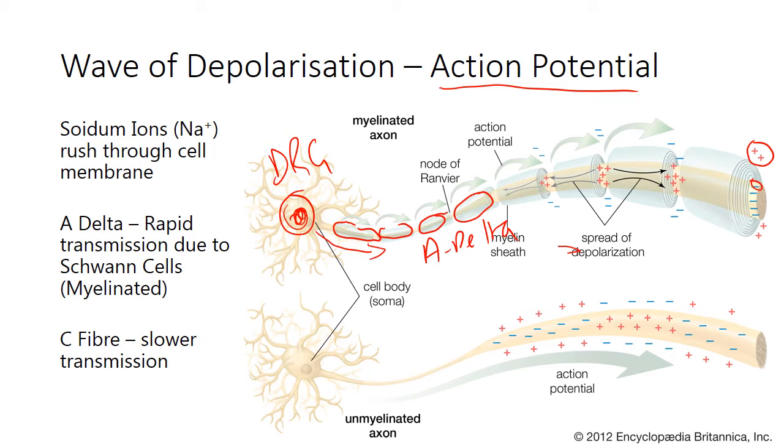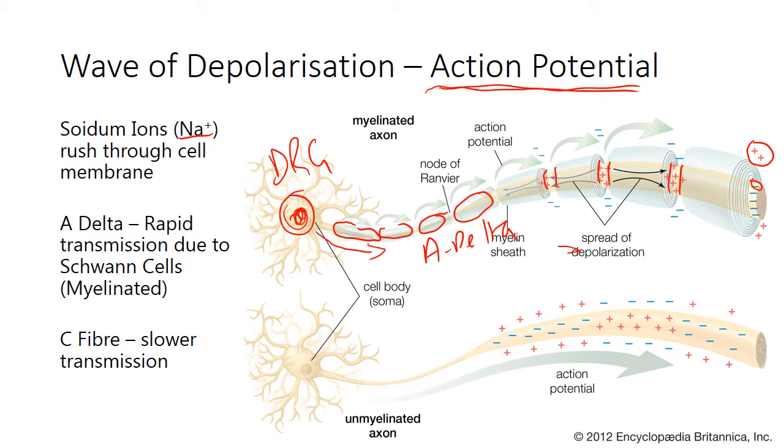But what we see are these gaps between the cells here, which are referred to as nodes of Ranvier. So these gaps allow the transmission of ions. In this case, it's mainly sodium ions that need to rush into the cell and produce this neurological signal, which is referred to as an action potential.